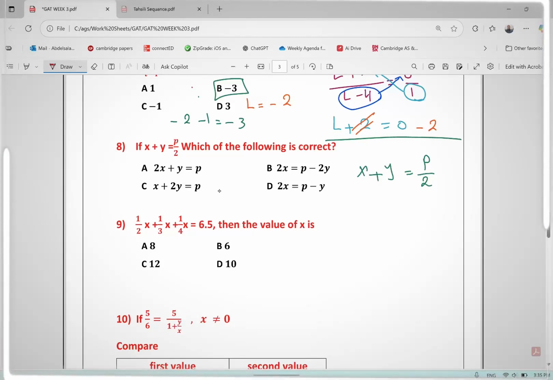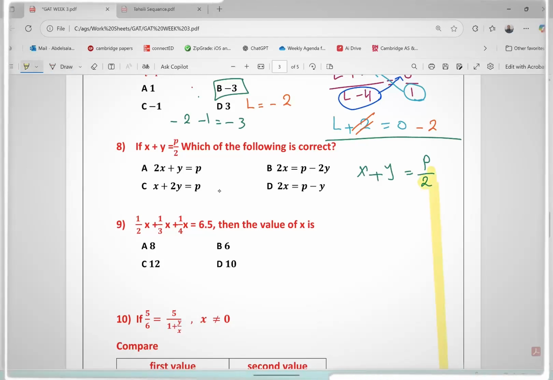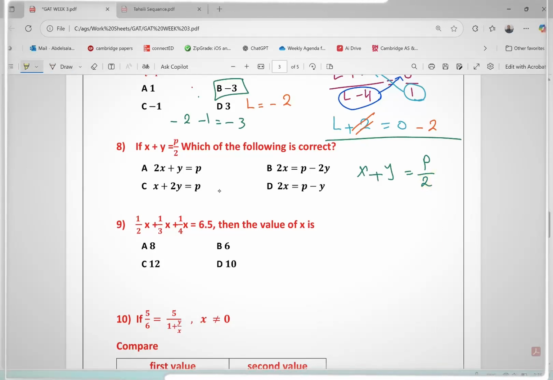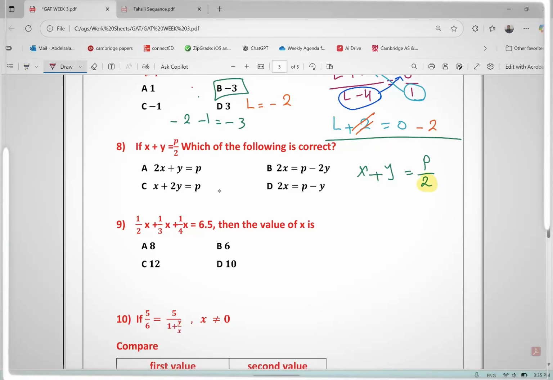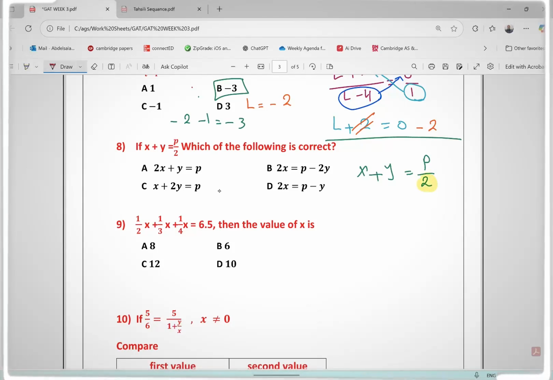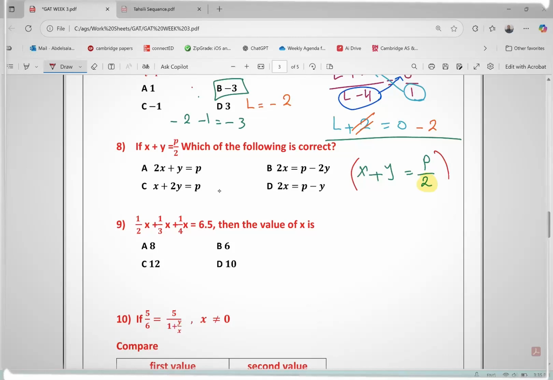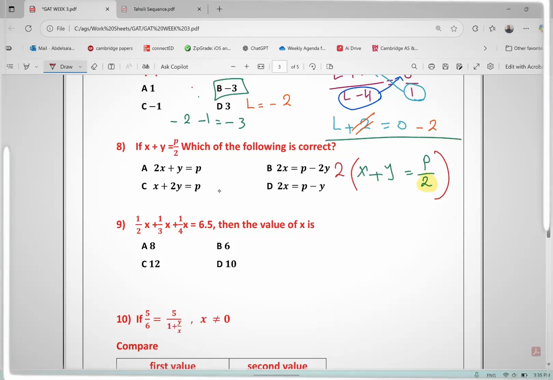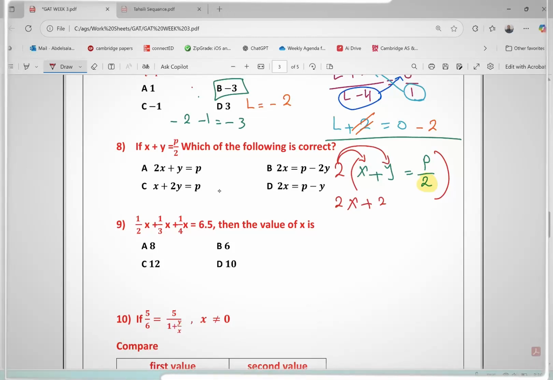How? Once you have a denominator, always this property, we're going to use it many times. Once you have a single denominator, multiply the whole equation by this denominator. Let's multiply this equation by 2. 2 multiply x will be 2x. 2 multiply y will be 2y.